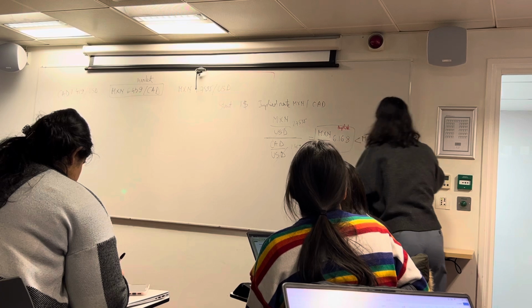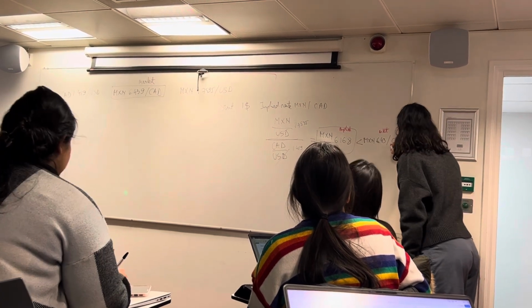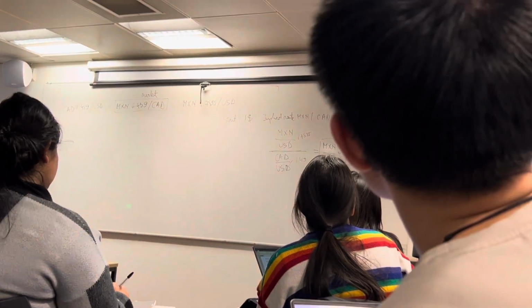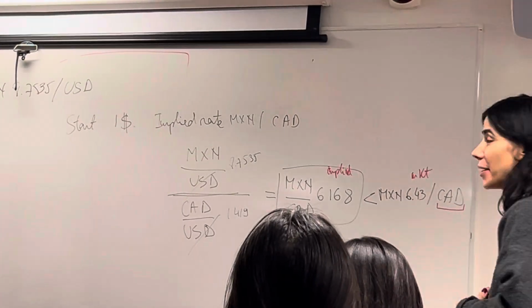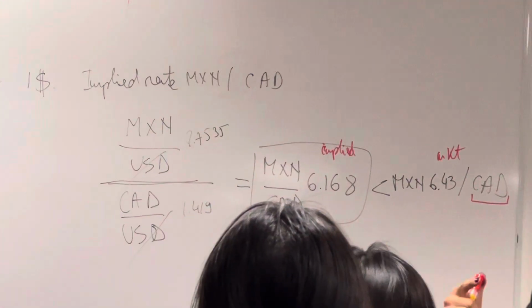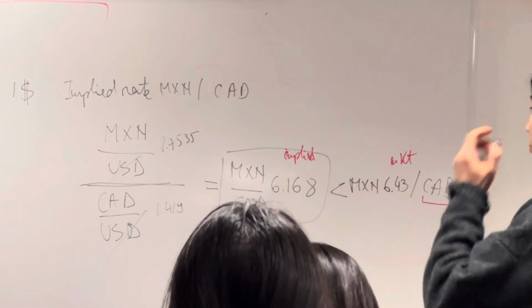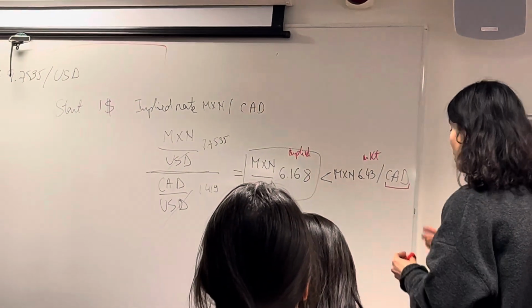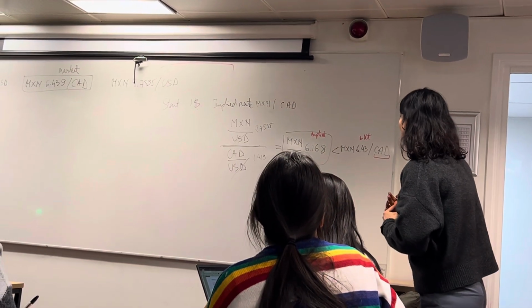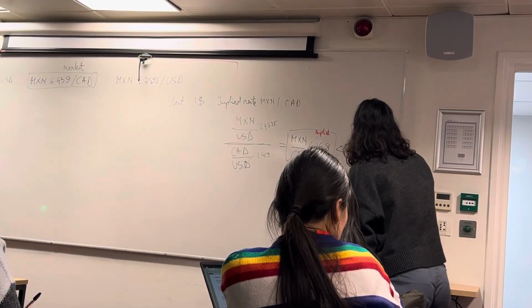All I'm trying to get to is that whenever we make a statement, just as we said in the lecture earlier, about premium and discount and so on, or more expensive, cheaper, we always refer to the denominator.